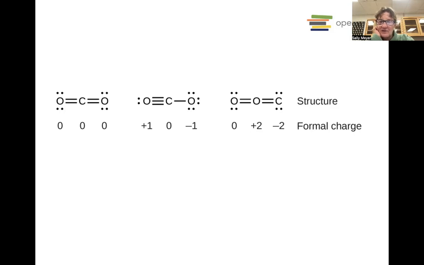So everything is 0. But if you look on the far right, notice now it's oxygen, oxygen, carbon. So this is a different molecule. So you wouldn't want to talk about the relative stability of these structures, because they're not the same molecule.